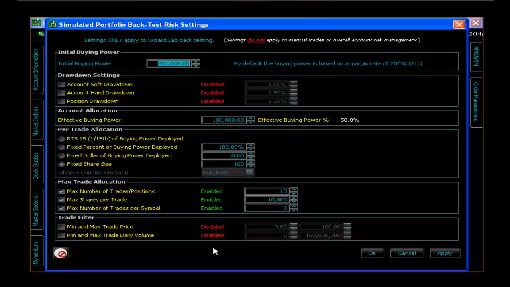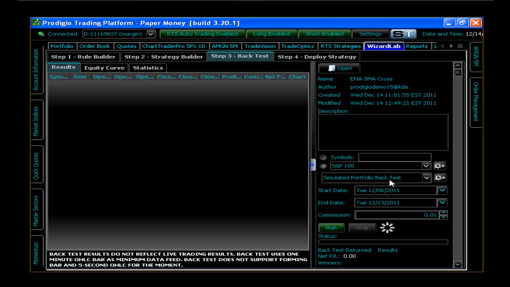we kind of talk about these in some of the other chats, but you can kind of read through them. It basically says to the system, if I have this much buying power and if I want to trade 10 automated positions at once, how much money should I allocate to each one of those positions? And usually they're percentage based, etc. Simulated portfolio backtest will limit the trading done in backtest.